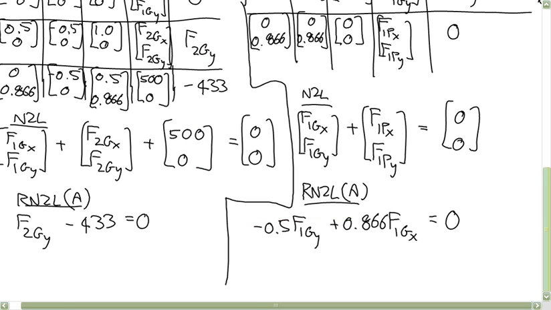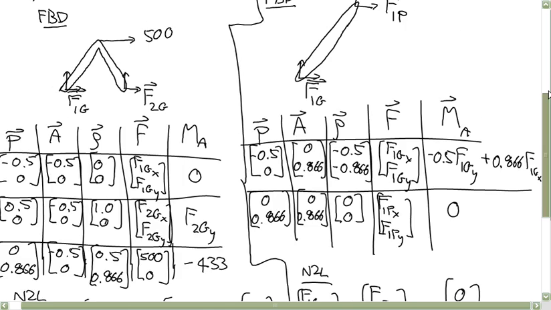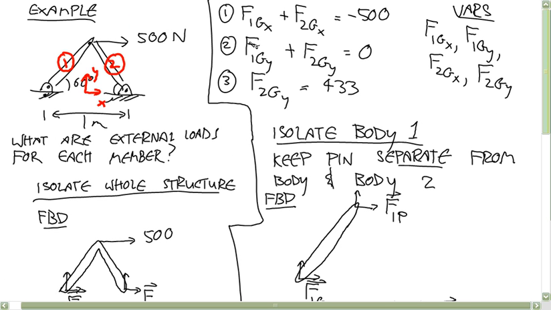Okay. So let's summarize what we have now. We still have these three equations, right? Those are the first three equations of our system. Now we have three more. So I'll just number those as 4, 5, and 6. You got f1gx plus f1px is equal to 0.